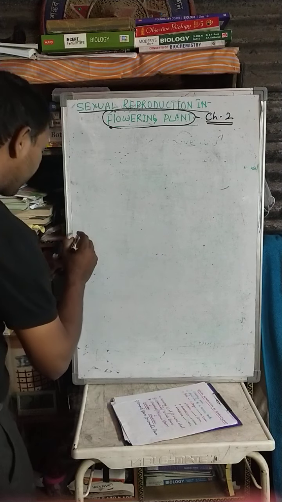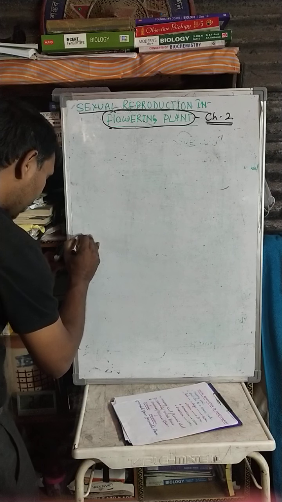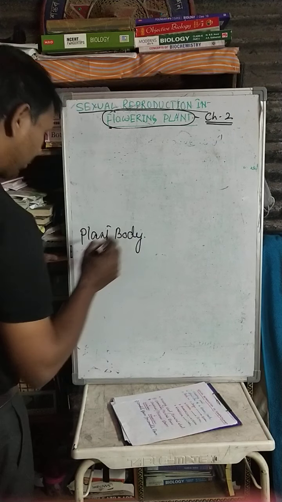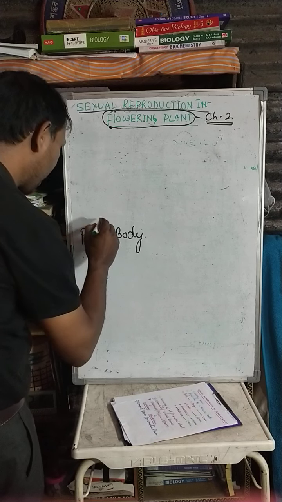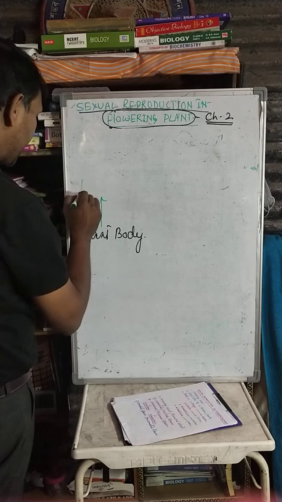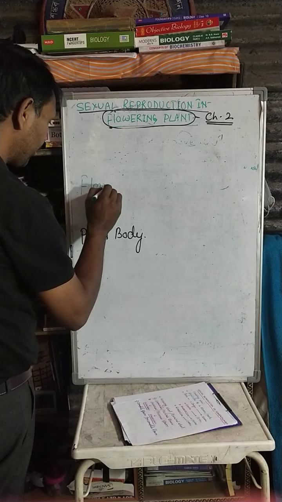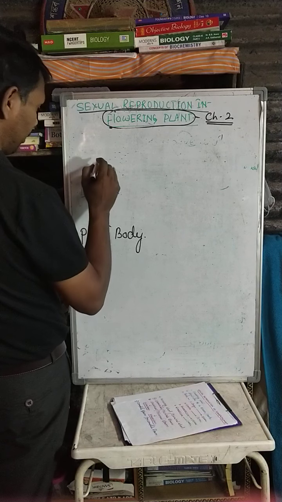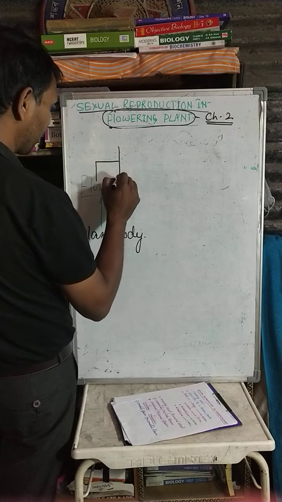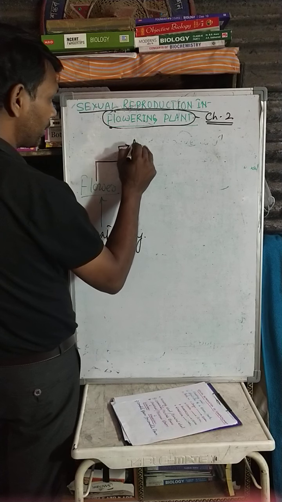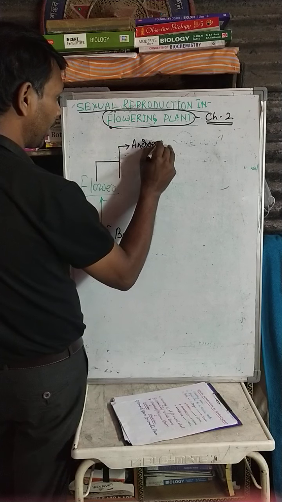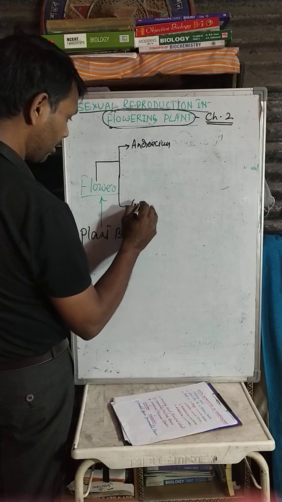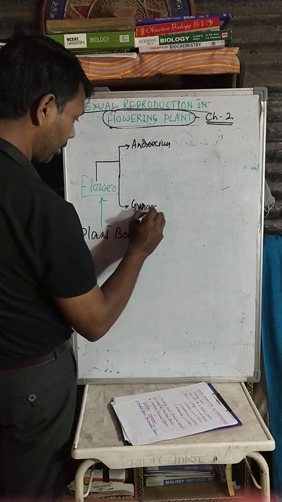Now if we look at the life cycle of a plant, let this be the plant body. This plant body at maturity produces flower, and a flower contains two parts. This is androecium and this is gynoecium.